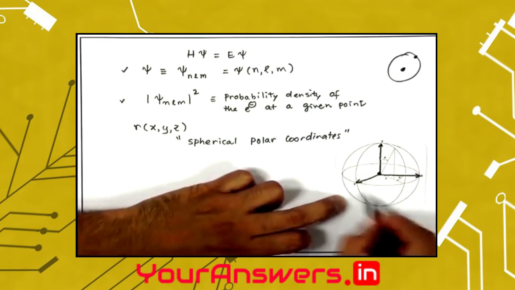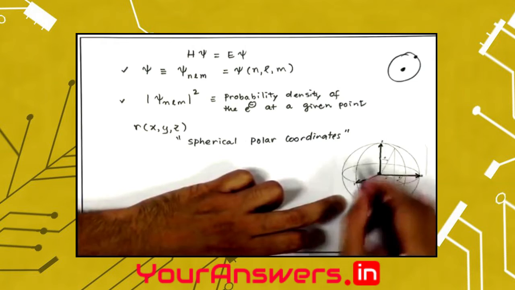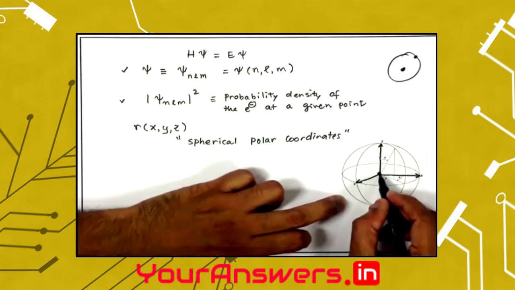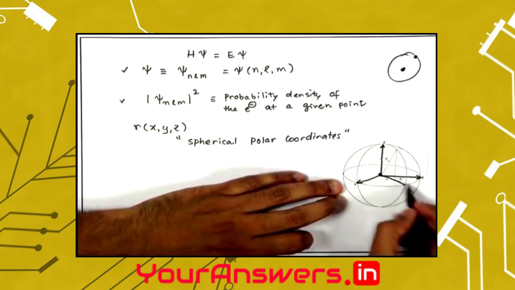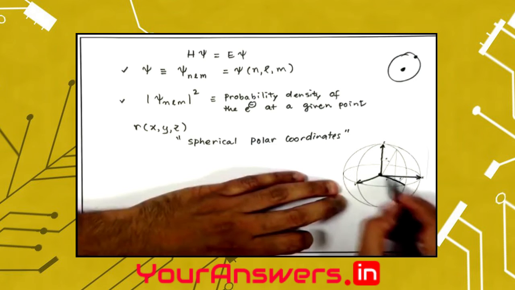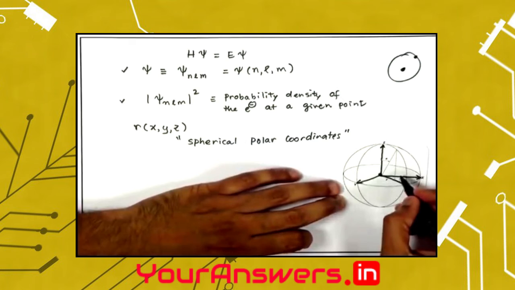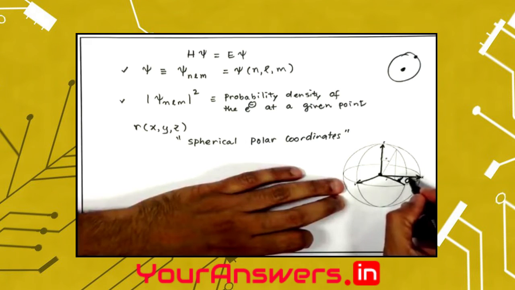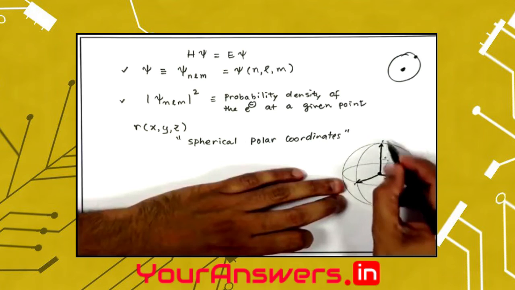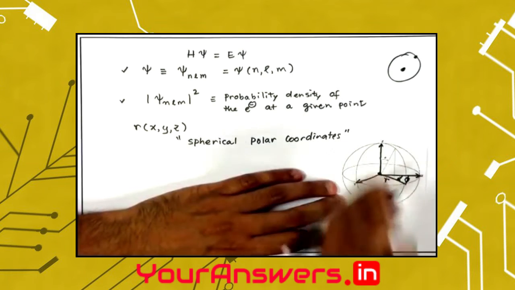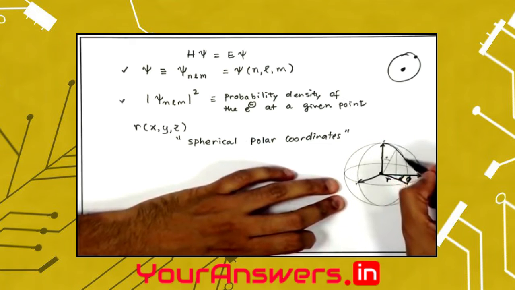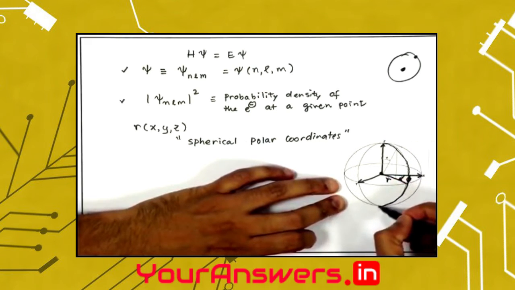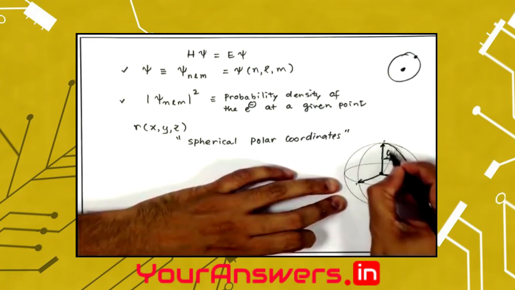Since the electron is going around this sphere in 3 dimensions, you can define one coordinate, r, which is the radius of the sphere, an azimuth angle, which is given as phi, and another angle which shows this movement, given as theta.